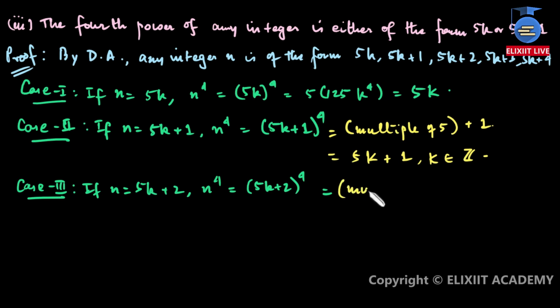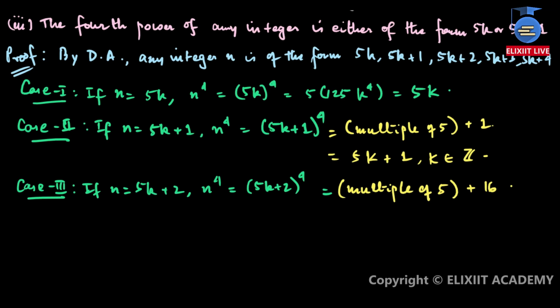Ultimately, if you expand this thing, you will get a multiple of 5 plus 16. Why plus 16? Because the last term will be 2 to the power 4, which is plus 16. I told you the first term is always 5k whole to the power 4, and the last term is 2 to the power 4.